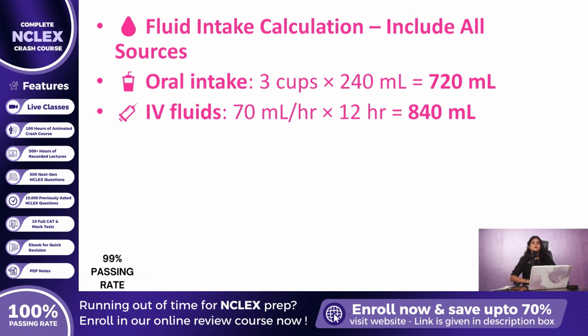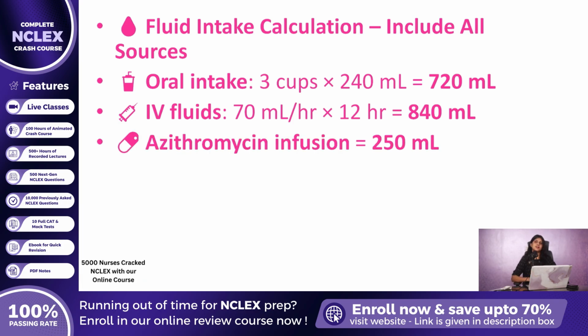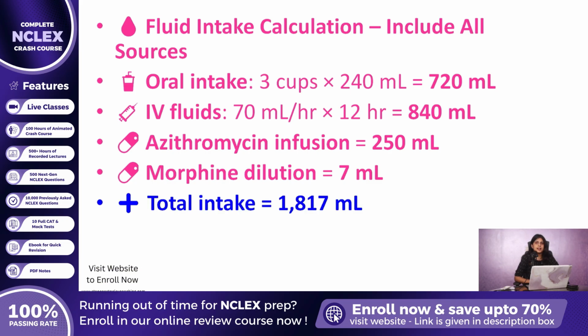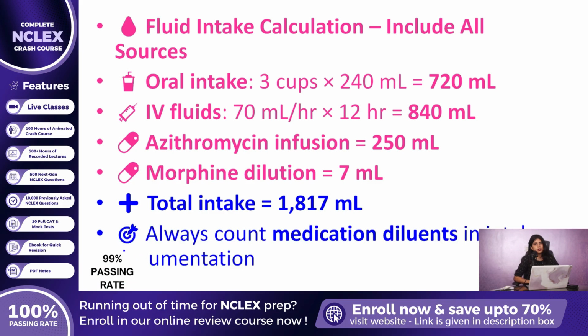Add the 250 milliliters from the azithromycin infusion and 7 milliliters from the morphine dilution. When summed, 720, 840, 250, and 7, the total intake is 1,817 milliliters. This question reinforces the importance of including all sources of fluid, including medication diluents, when documenting intake.